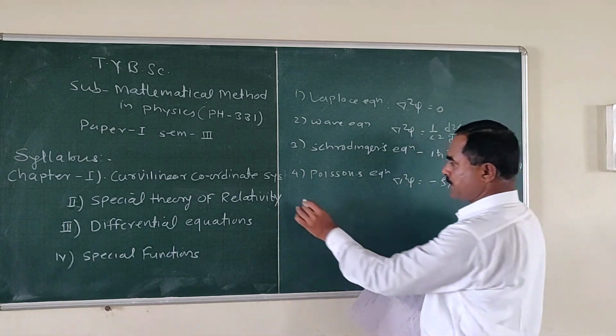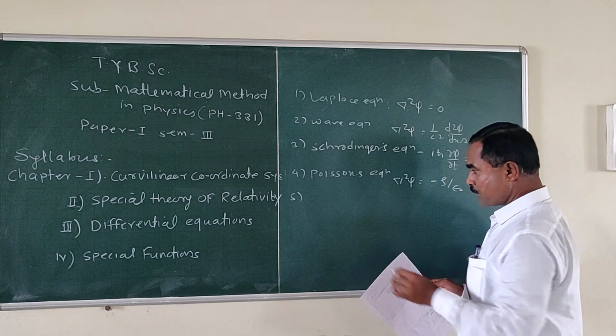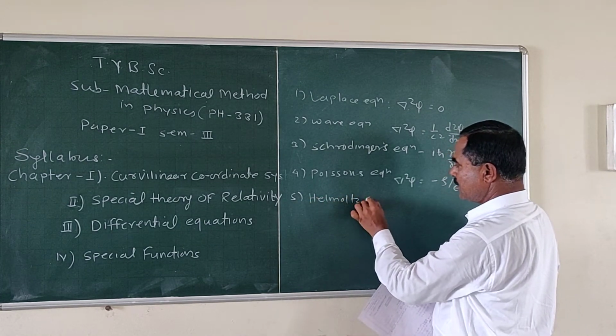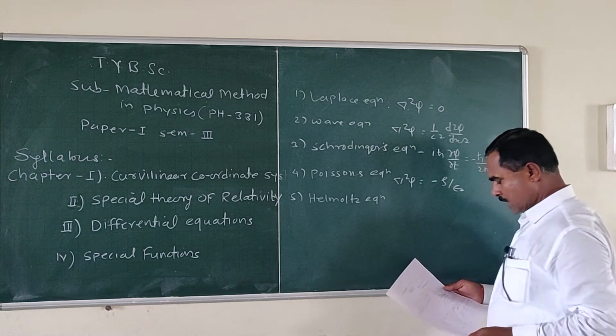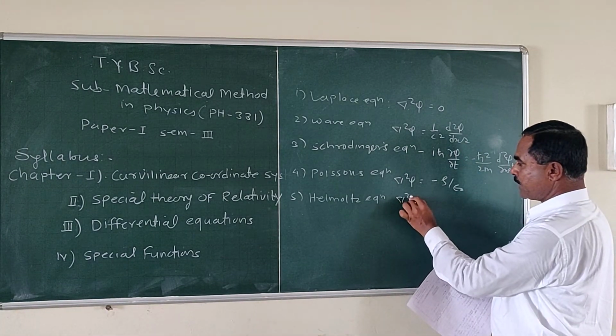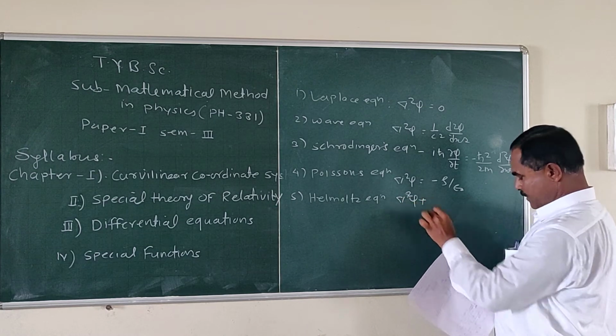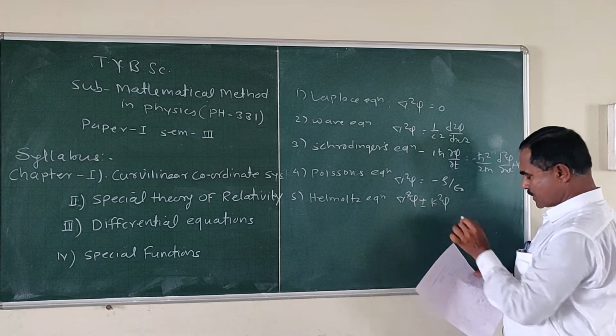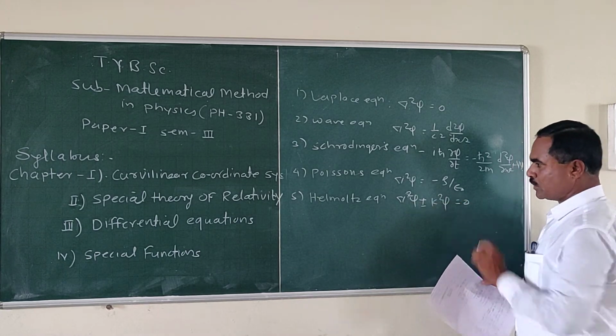The fifth equation is the Helmholtz equation, and its form is del square psi plus or minus k square psi equal to 0.